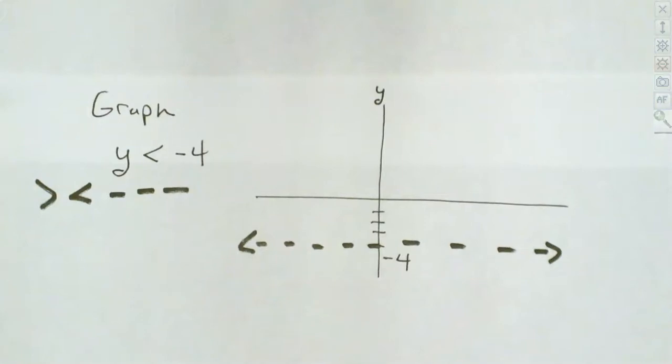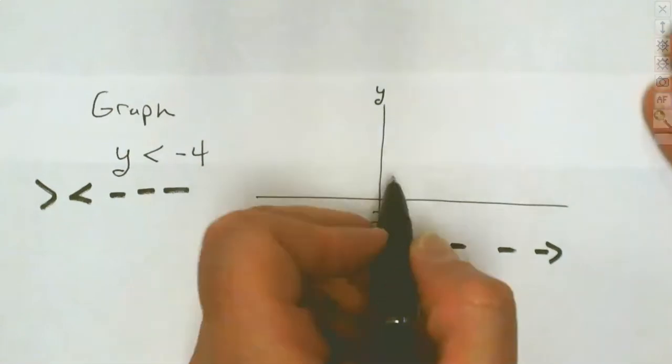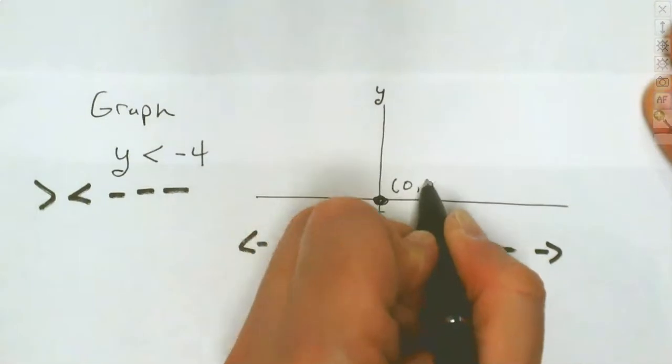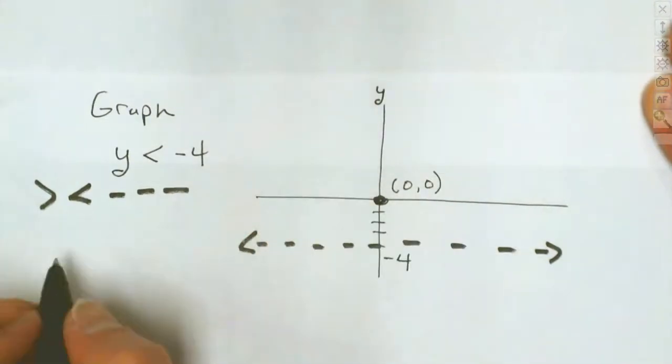Now we need to go through the process again of checking. And we can use any point that you want as long as it's not on that dotted line. Doesn't matter what you pick. We can see it easily, so let's check 0, 0. And let's see if 0, 0 is true or false.